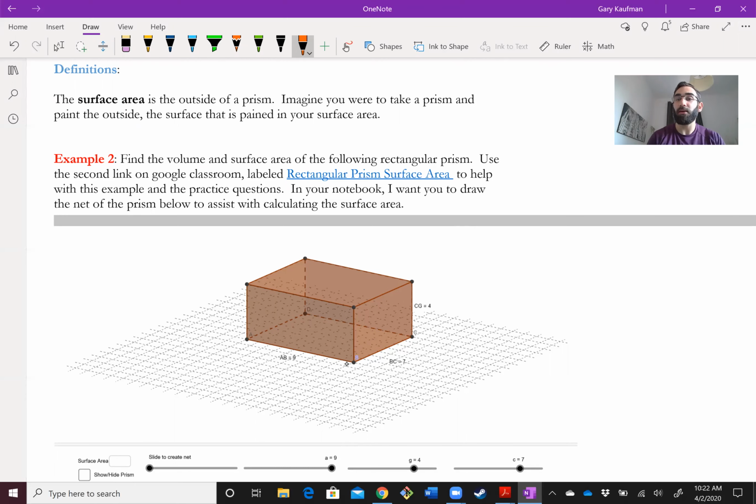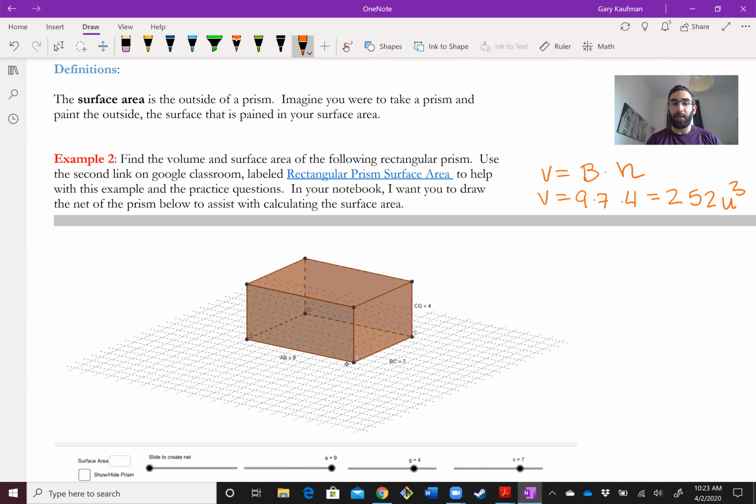Now, we can take a look at the volume. And again, I'm going to use the base as the part that's actually touching the ground. So I could say again that the volume is the base times height. So the area of the base is 9 times 7 times the height, which is from base to base, which is 4. So that's a 63 times 4. And therefore, our volume is 252 units cubed.